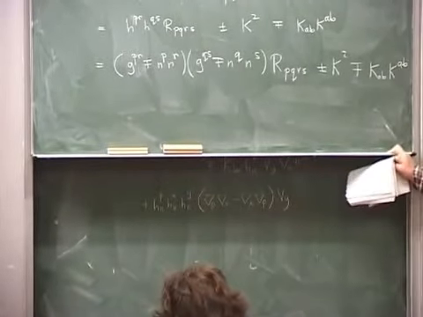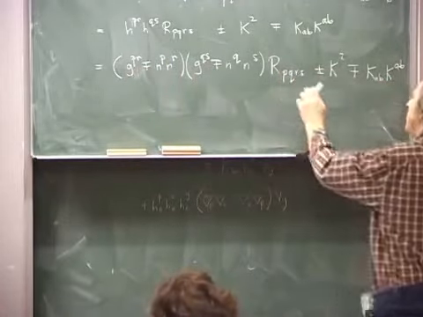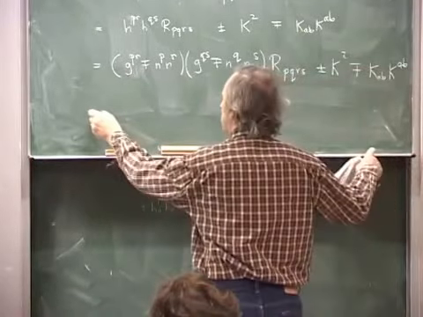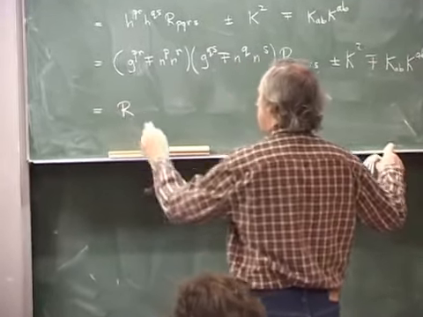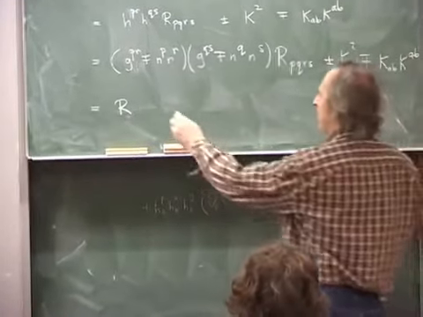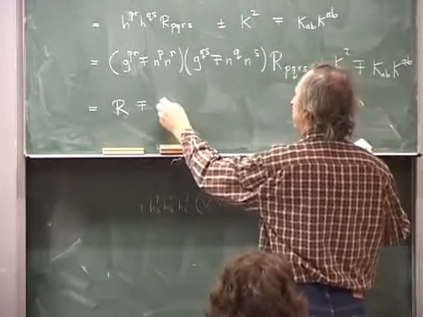So what do you get from all of that? g^PR times g^QS times R_PQRS is the four-dimensional Ricci scalar. Then you have two terms which involve n^P n^R g^QS.